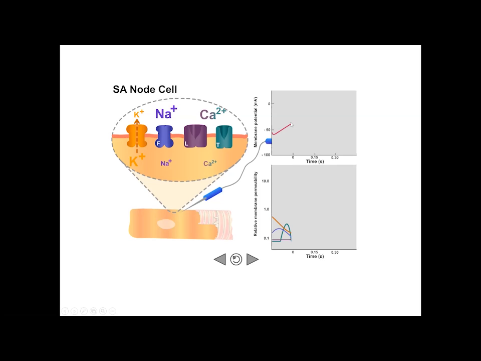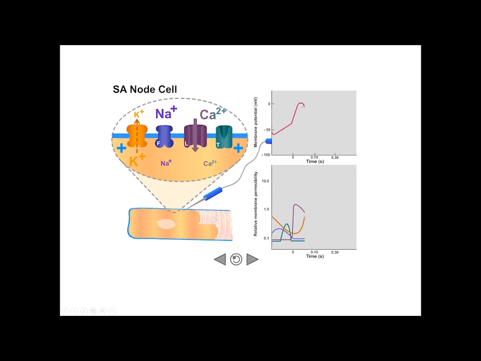And that's voltage dependent calcium channels called the L-type calcium channels, which, FYI, happen to be the main target of drugs like verapamil and diltiazem that slow down the heart rate. So L-type opens, calcium rushes in much faster now, okay?